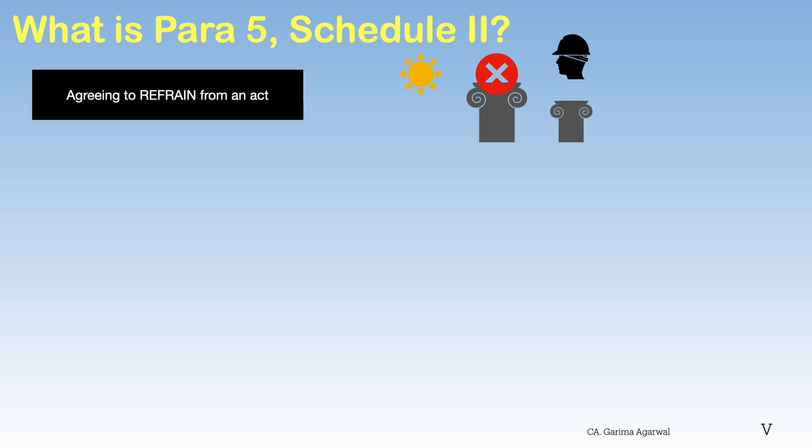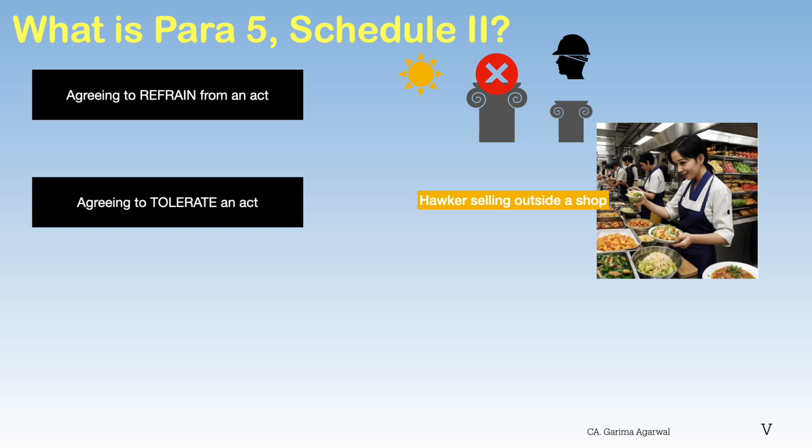So this is again a supply of service. Now another part: agreeing to tolerate an act. Let's suppose a shopkeeper allows a hawker to operate in front of his shop for a monthly payment. He's tolerating an act he could otherwise object to, right? So it's also a supply of service.